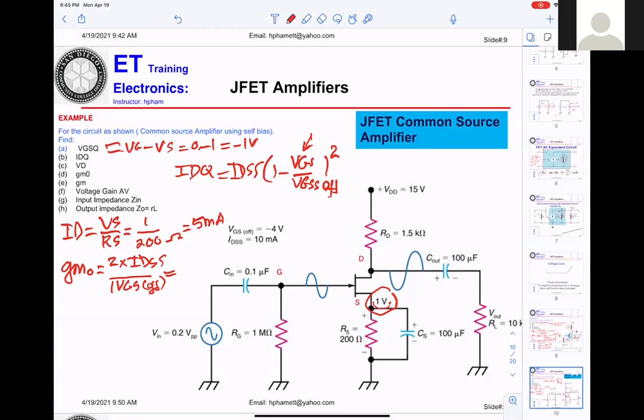Either way, okay? If they don't give you the VS voltage, then you have to calculate, substituting VGS here also, which includes the ID. So you get an ID on both sides of the equation, which is very hard to solve.